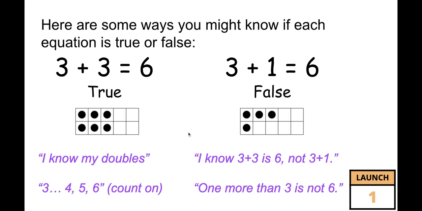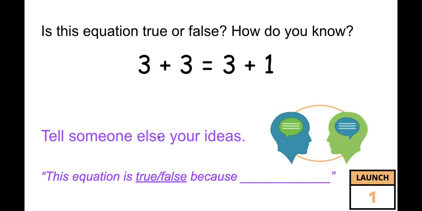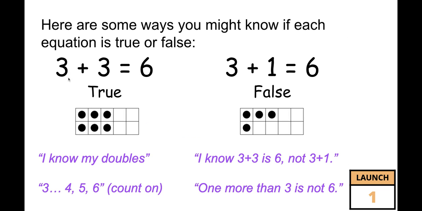So here are some ways you might know if each equation is true or false. On the left, we have a visual. We know this is true because when you add 3 and you add 3, you get 6. One way you can do this is if you know your doubles.